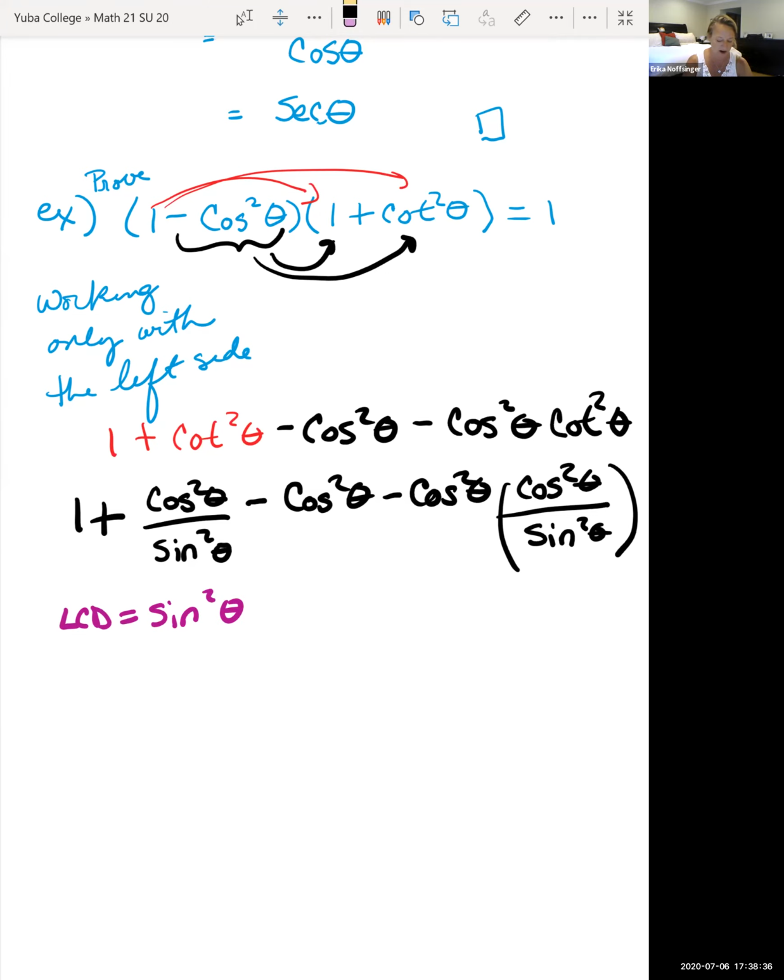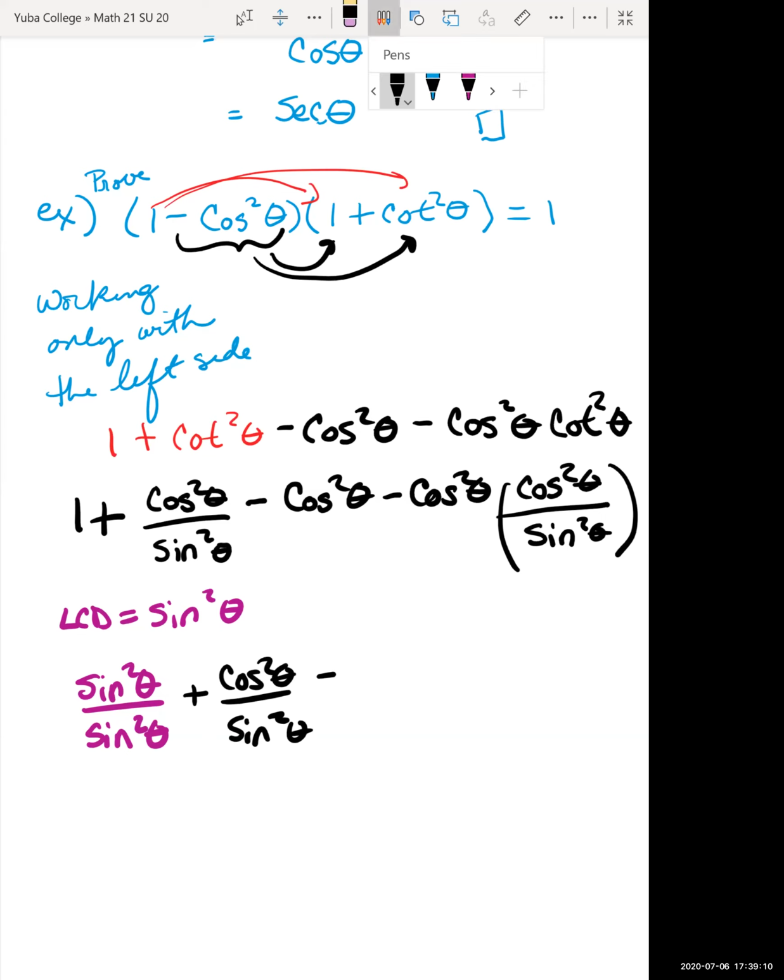So I multiply by the LCD, sine squared theta over sine squared theta times 1. Sine squared theta over sine squared theta is 1. Then we have plus cosine squared theta over sine squared theta, which already has our denominator. Minus, this does not have our common denominator, so multiply the negative cosine squared theta by sine squared theta over sine squared theta.